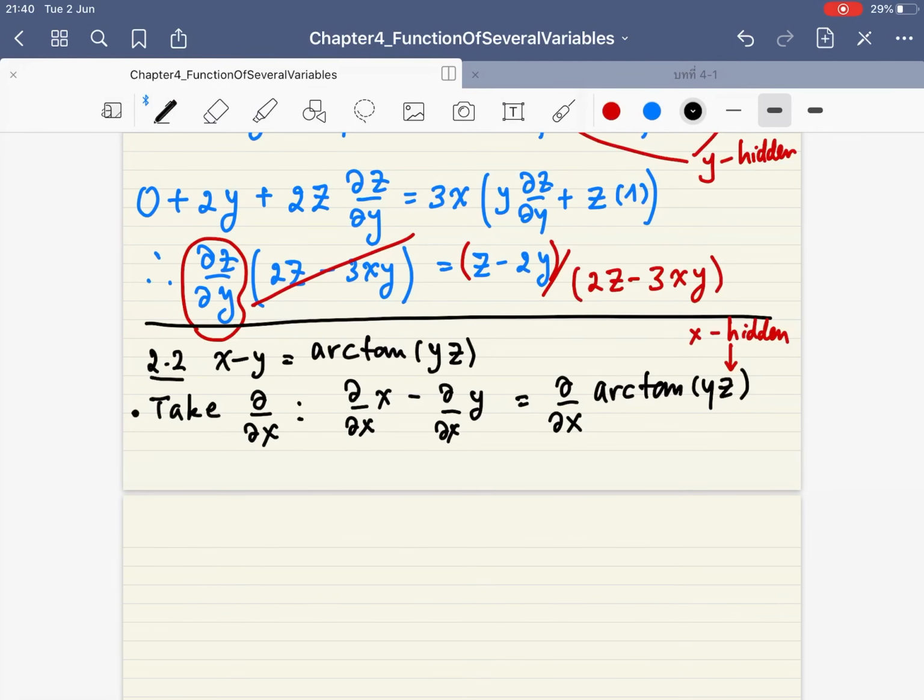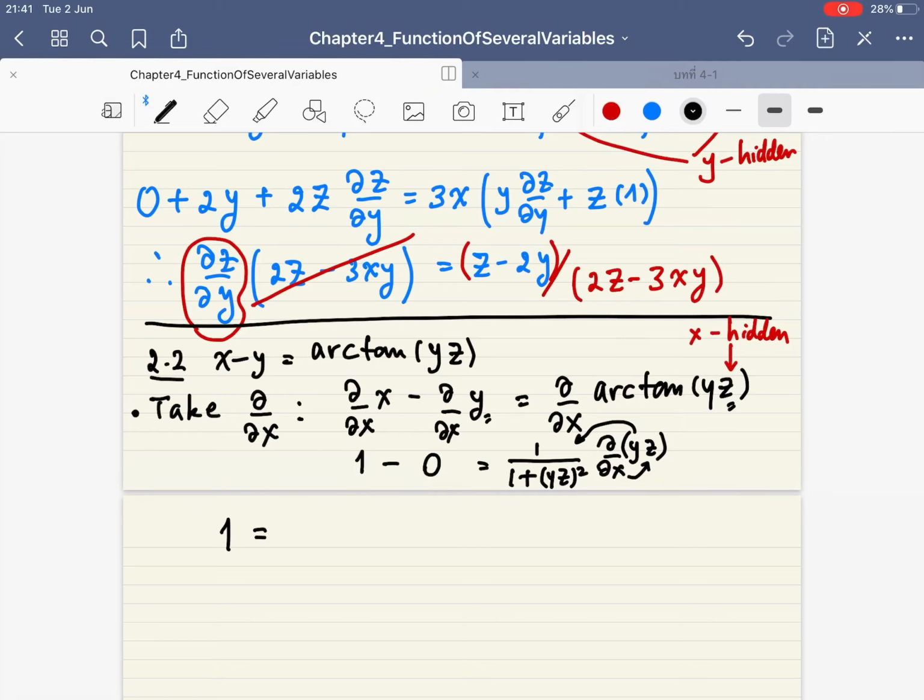So the first one, the derivative of x with respect to x is 1. Here y is a constant. And then the derivative with respect to x, because here you still have the z there, the arctangent is 1 over 1 plus y squared z squared, and then the derivative of the inside. Because y is a constant, you can pull it out, and the derivative just goes to the z alone.